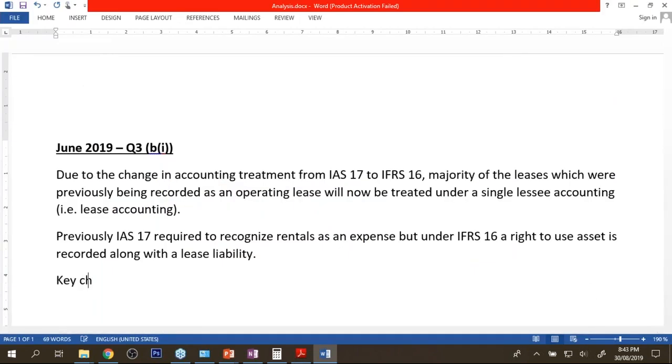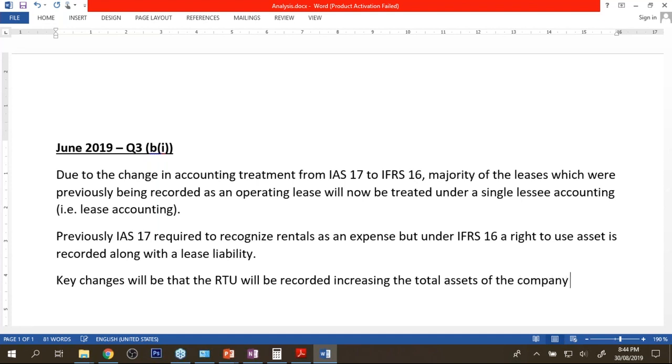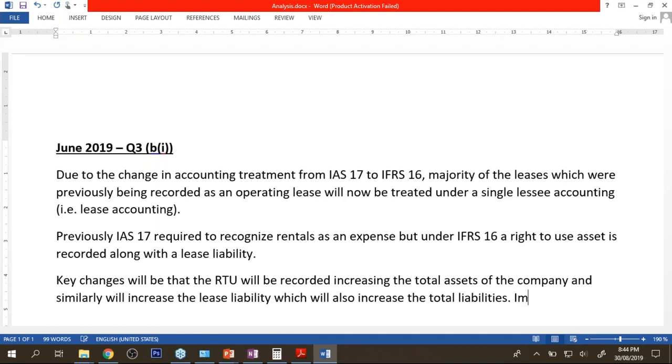So the key changes will be that the right-of-use asset will be recorded, increasing the total assets of the company, and similarly the lease liability will increase, which will also increase the total liabilities.